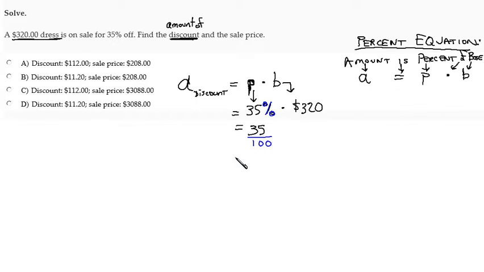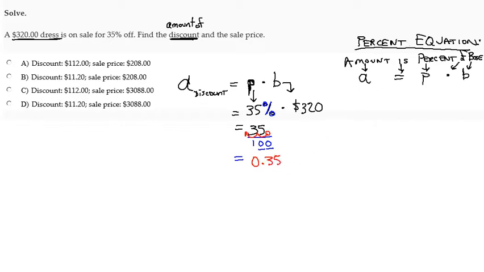Whenever we divide a decimal number by a factor of 10 that's greater than 1, which 100 is, we take the decimal point in the 35, and for each zero we move it to the left once. That would make us move the decimal point 2 places to the left, so 35% becomes 0.35 as a decimal.